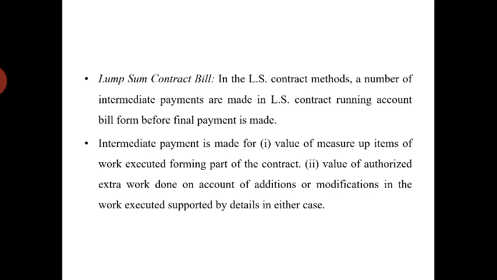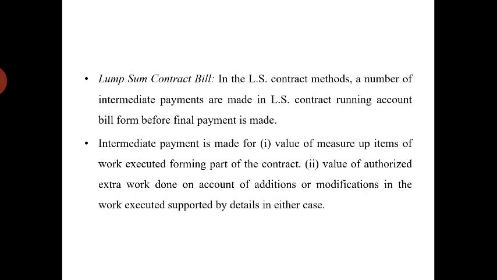Of course, if you are paying in partial, we can call that a running account bill, because running account bill means the work is not yet completed, still it is going on. Intermediate payment is made for the value of measure of items of work executed forming a part of the contract.